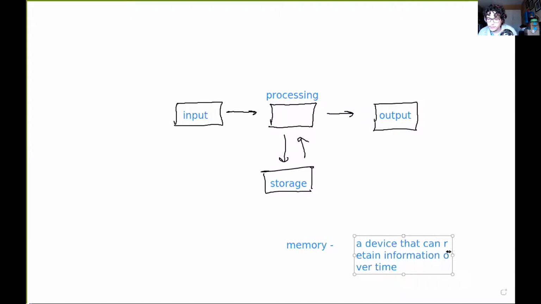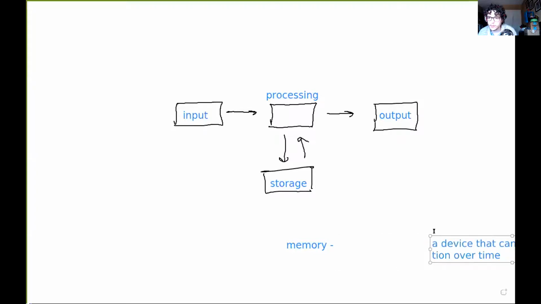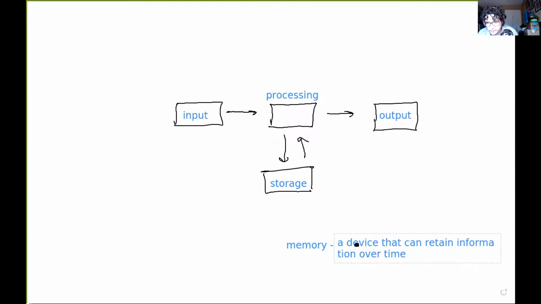Okay, so yeah, memory is a device that can retain information over time.